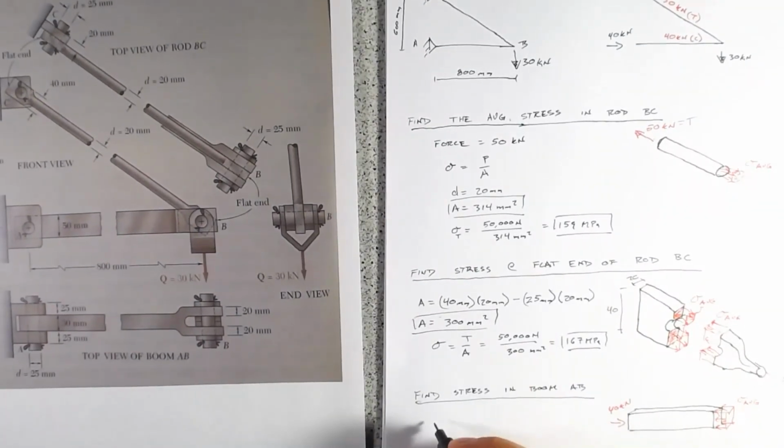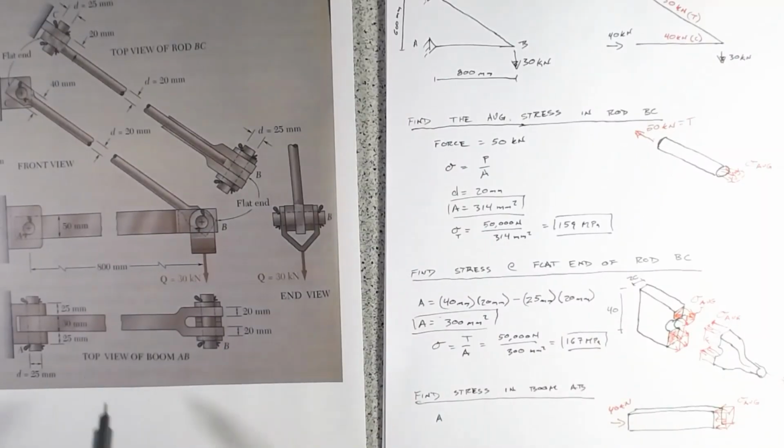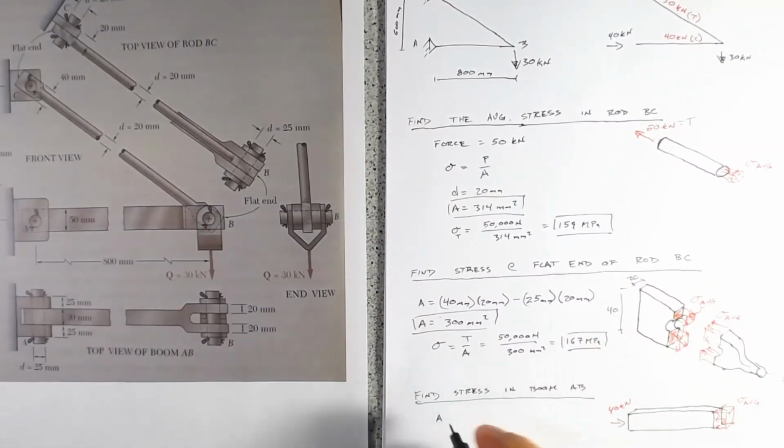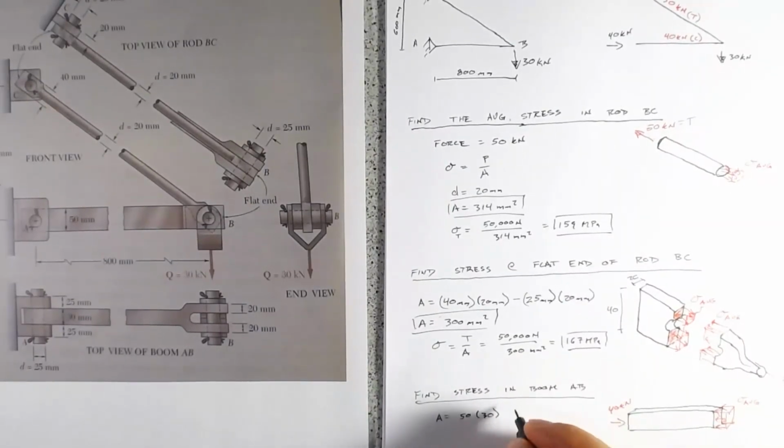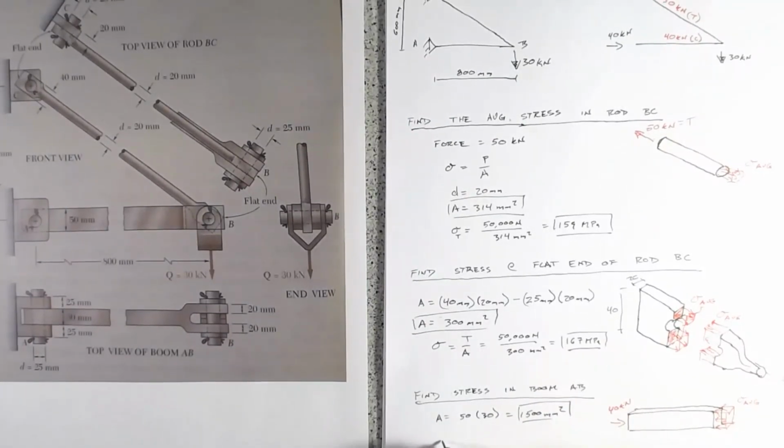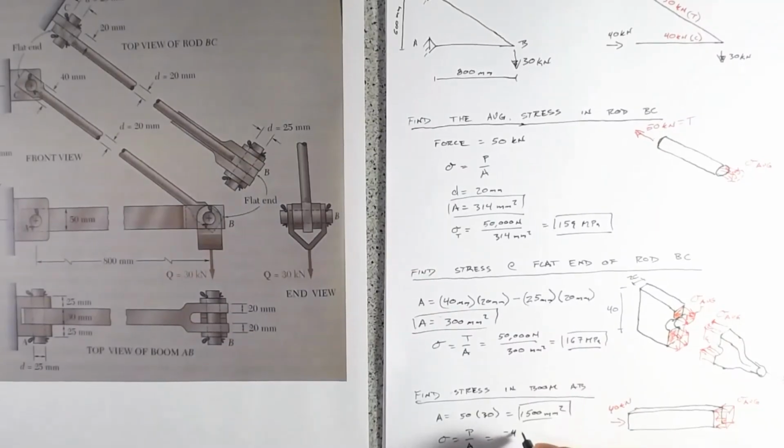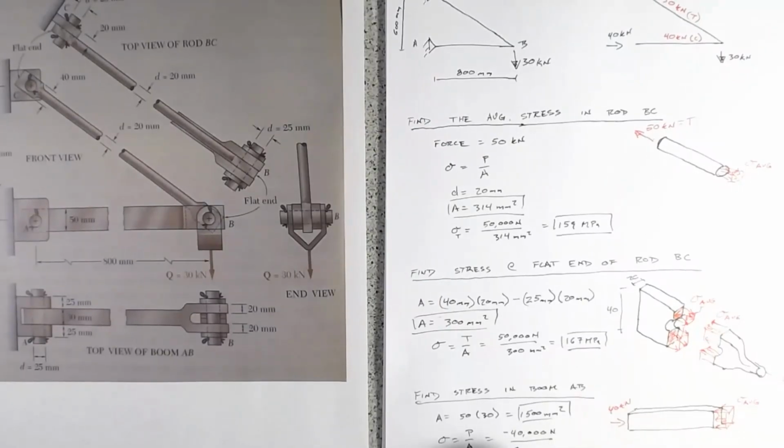The area is going to be 50 millimeters times 30 millimeters. So area equals 50 times 30, which equals 1,500 millimeters squared. And so our stress is going to be P over A equals minus 40,000 newtons over 1,500 millimeters squared.